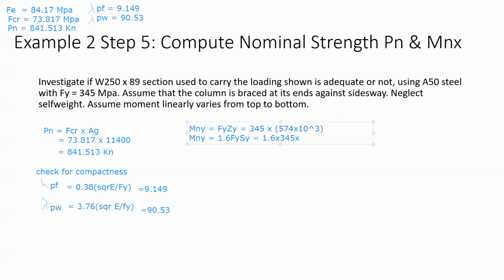Sy natin is also given, that is 377 times 10 raised to 3. So lagi ginagamit natin itong dalawa. So pareho natin siyang kukunin, tapos saka natin pipiliin yung mas maliit na value. Okay? So ilan tong una?